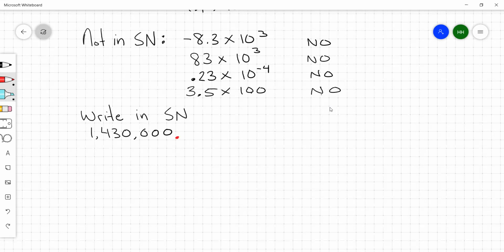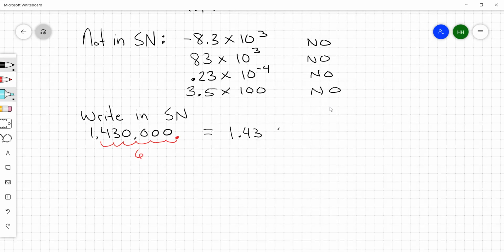In this case, you would move this decimal to the left 1, 2, 3, 4, 5, 6 times.